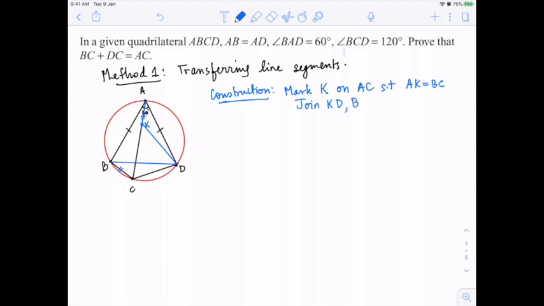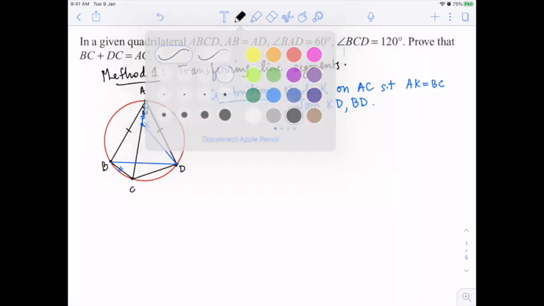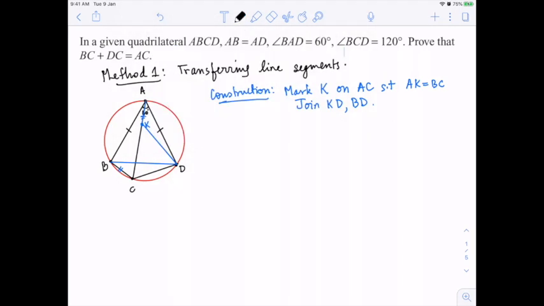Alright, so now let's see what we have to prove. To prove the following, we have to prove BC plus DC is equal to AC.